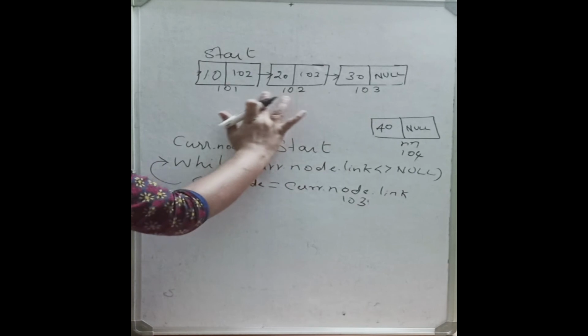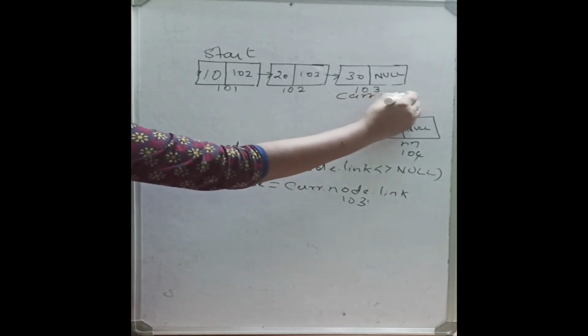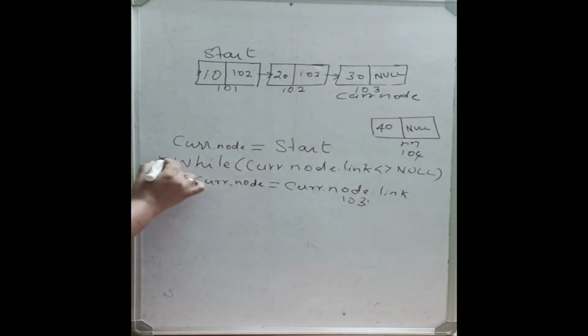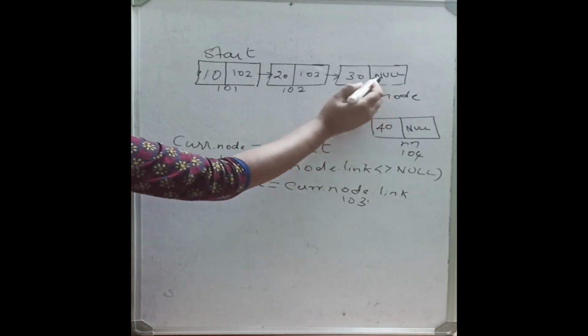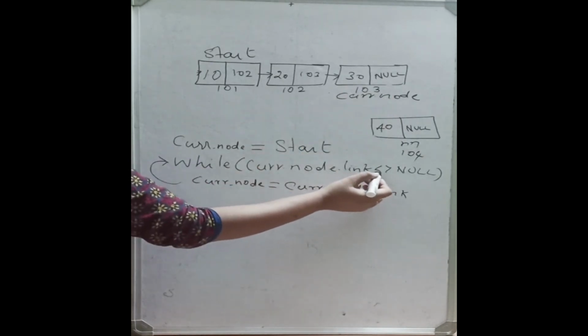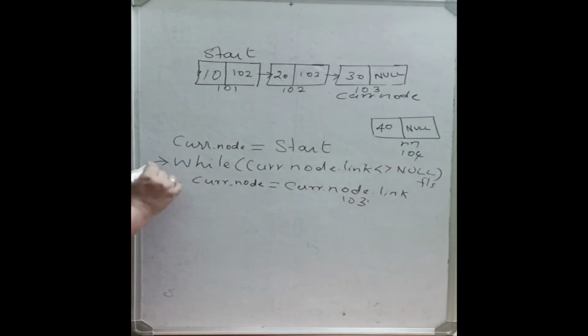The current node will move from here to here. Now again the while loop will continue. Now current node dot link will have a null value. Now this is equal to null, so the condition is false. So the loop will terminate.